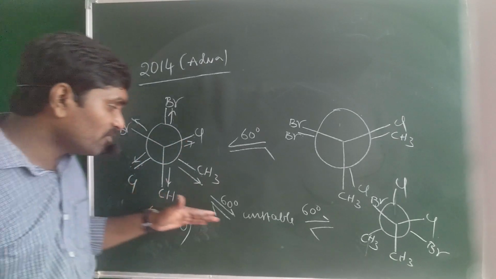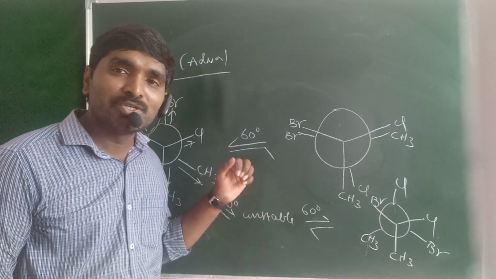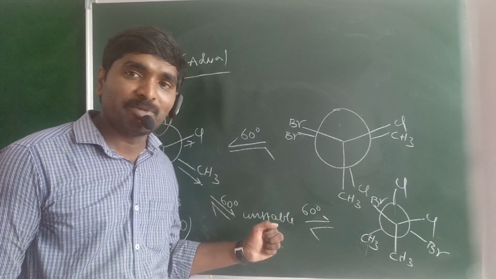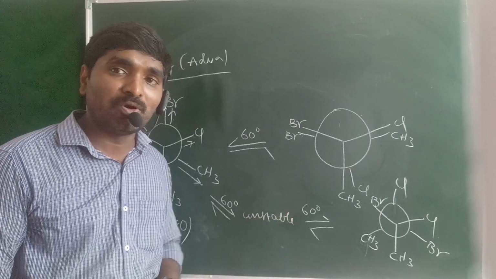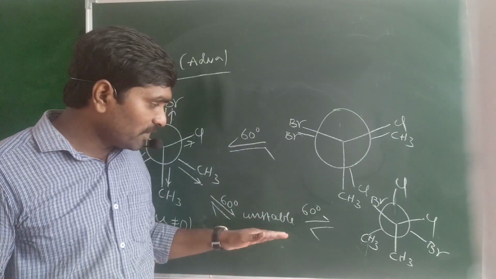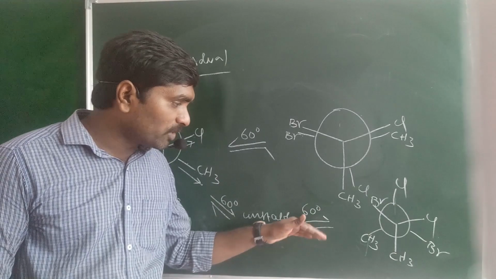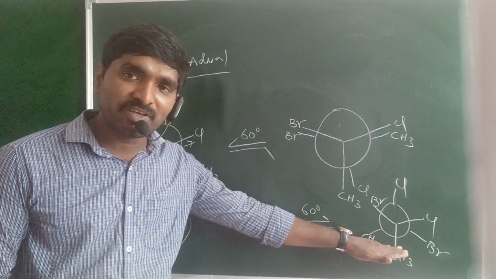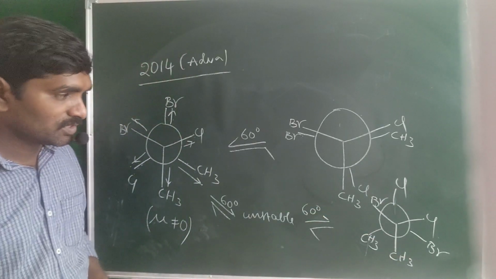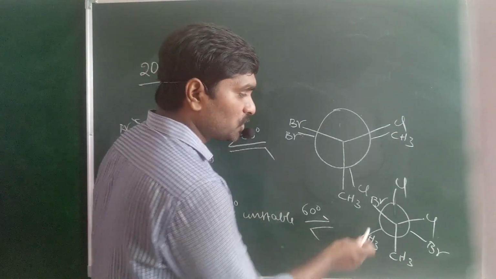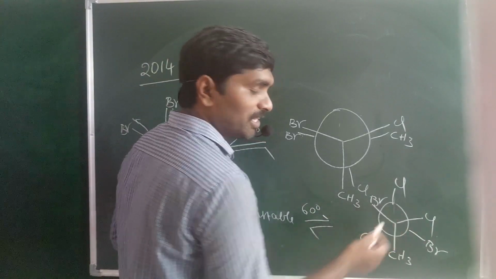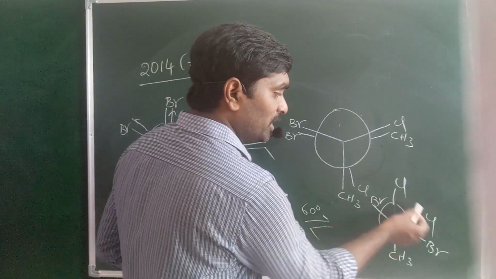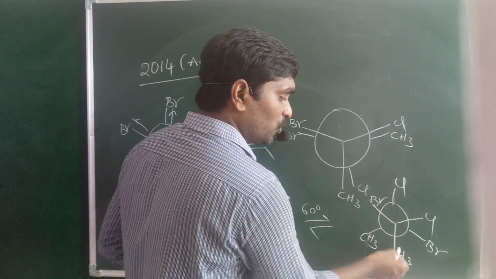When you rotate the molecule by another 60 degrees, you get the eclipsed conformation. For the eclipsed conformation there is no dipole moment. So I will rotate the molecule by another 60 degrees. You will get the configuration like this. In this molecule also the 2 Br groups are opposite to each other, but the 2 Cl groups are parallel and the 2 CH3 groups are parallel.